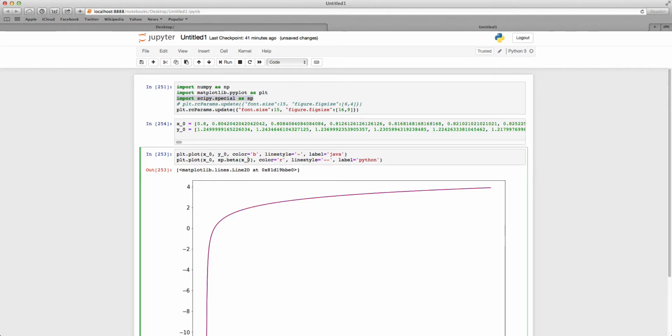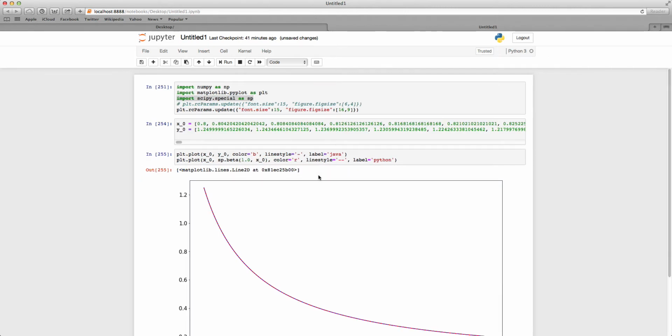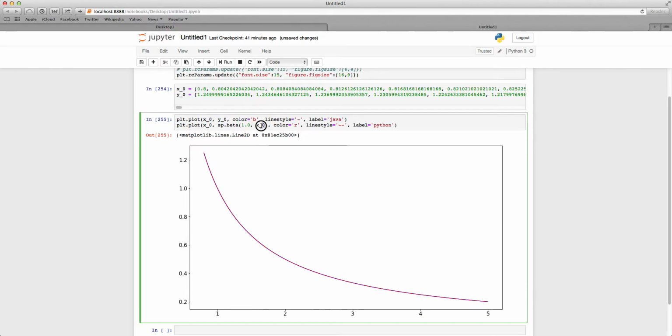Now remember, we plotted 1 and x, so the first variable is fixed at 1, the second variable is our variable x, and you see we get a perfect fit.